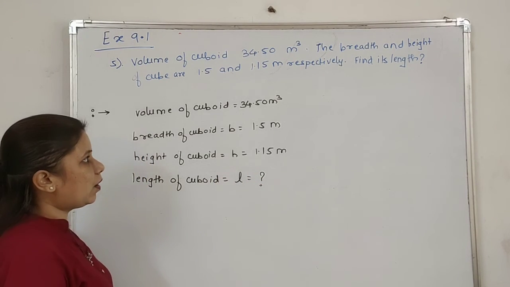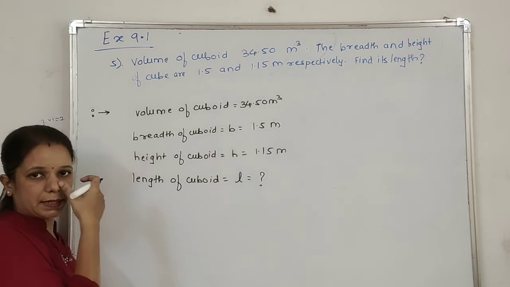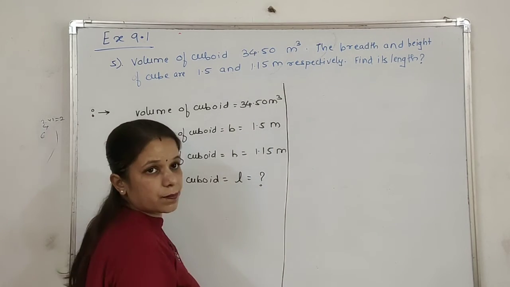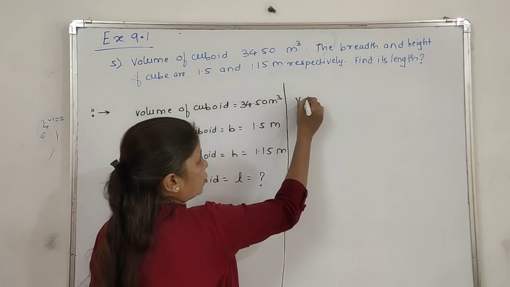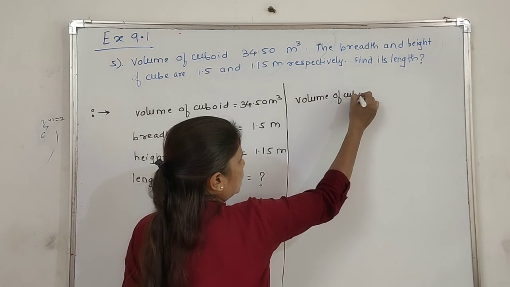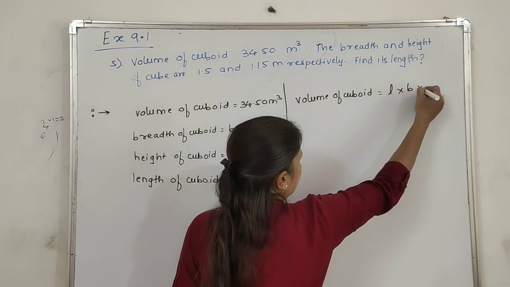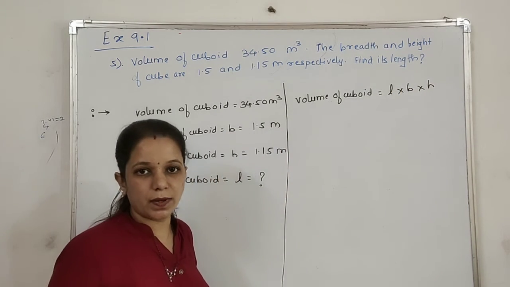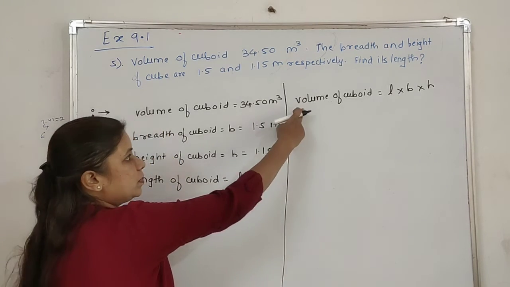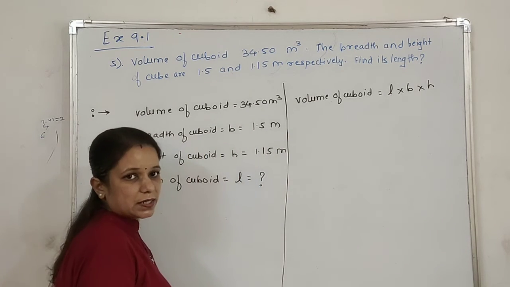Okay, now obviously we will take the formula for volume because that quantity is given to you. So here I'll just make two parts. Volume of cuboid is equal to L into B into H. We have seen the formula earlier, very simple formula for cuboid. Volume is given to you. So just put the values in their respective places.